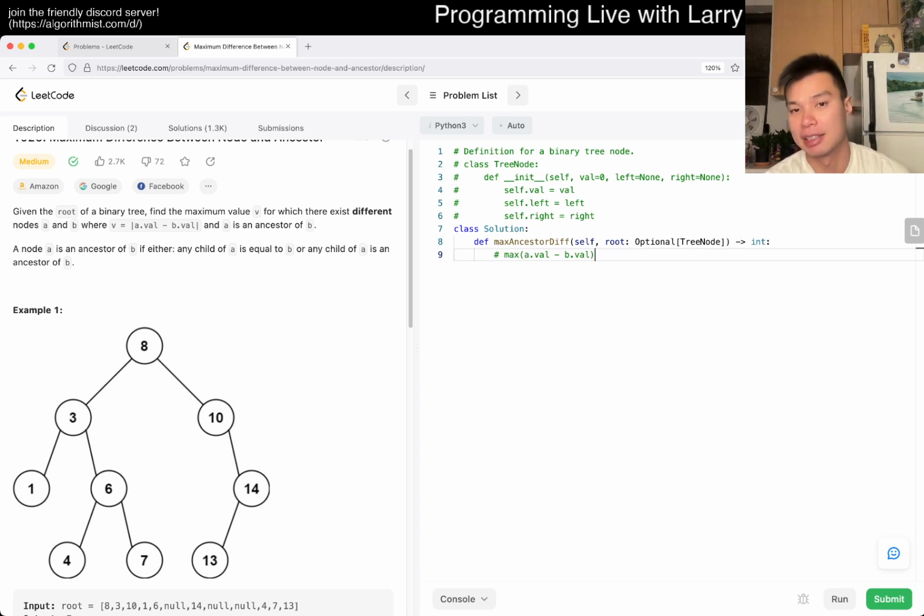We're optimizing just this value over the tree, given the constraint about ancestor and child. In a greedy kind of way, for every node, A is the ancestor. So if we want to maximize this formula, then we want A to be the biggest that it can be.